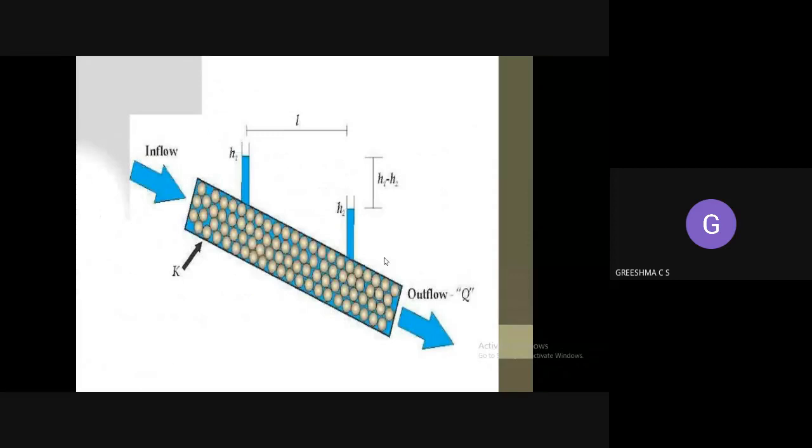What you can see here in this figure is some kind of fluid flowing through the particles, and this is the outflow, or you can say the discharge of the fluid. Two heads are here, H1 and H2.